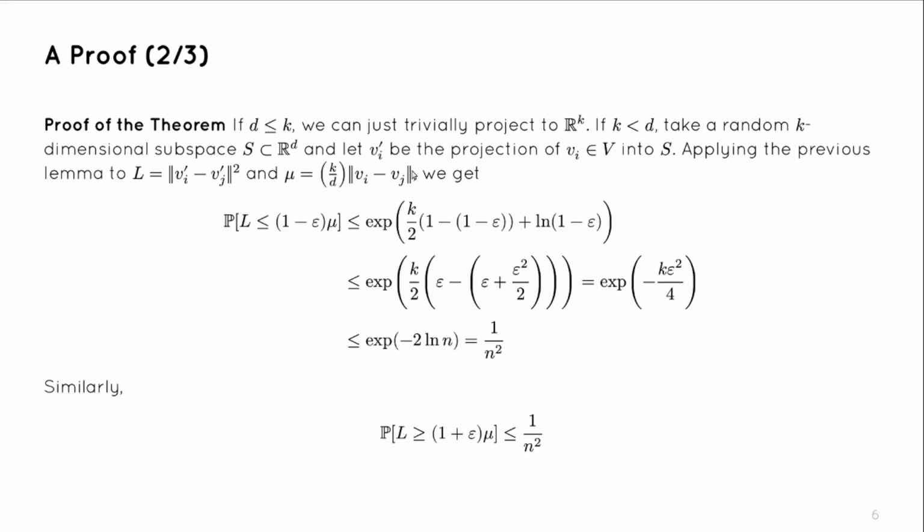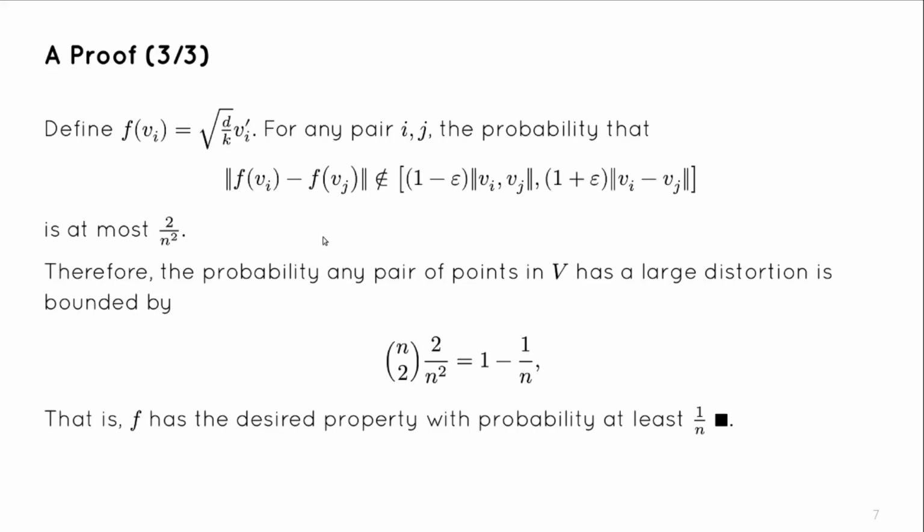So roughly we get this nice result that the probability that L is greater than 1 plus epsilon mu, and smaller than 1 minus epsilon mu, is both bounded by 1 over n squared. And so if we define our linear Johnson-Lindenstrauss map f by f of vi being simply vi prime, scaled by the square root of d over k, then for any pair ij, the probability that f of vi minus f of vj is not within the interval where the distortion is nice, so we have a distortion greater than 1 plus epsilon or less than 1 minus epsilon, is at most 2 over n squared by what we said earlier.